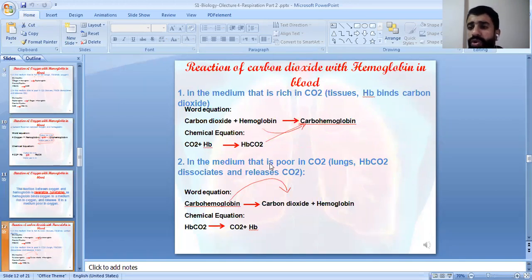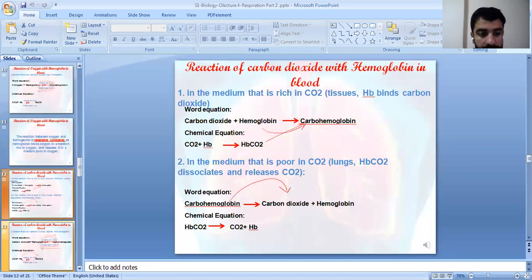In the medium that's poor in CO2, the lungs for example, HbCO2, the carbohemoglobin, will dissociate to give CO2. So carbohemoglobin will dissociate to give carbon dioxide plus hemoglobin. So the chemical equation: HbCO2 will give CO2 plus Hb.